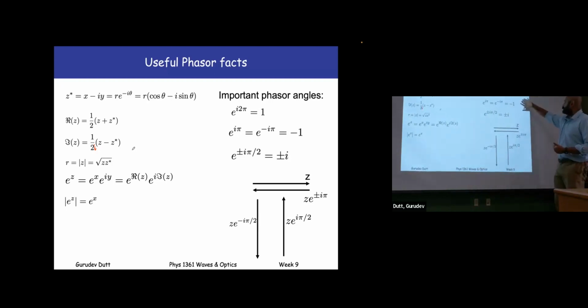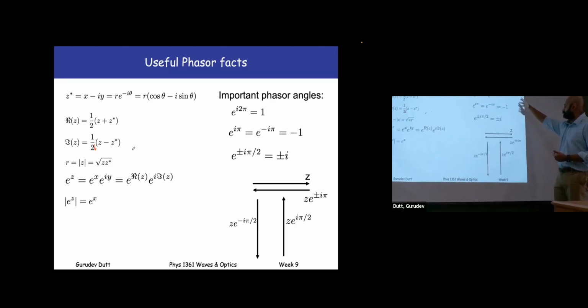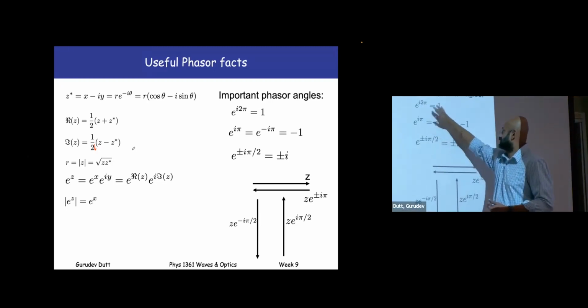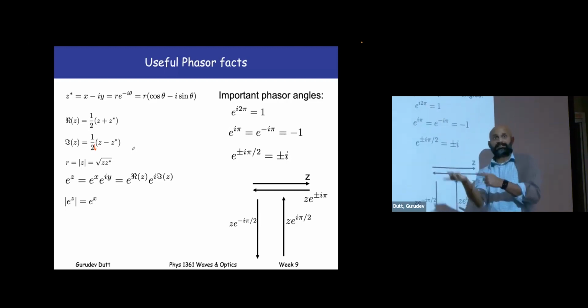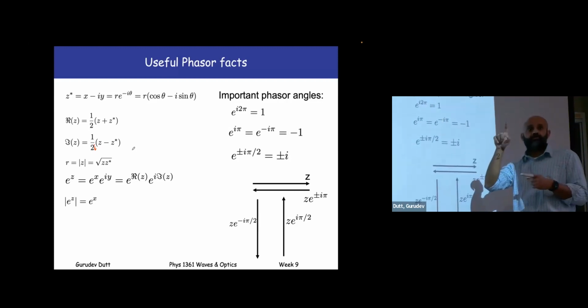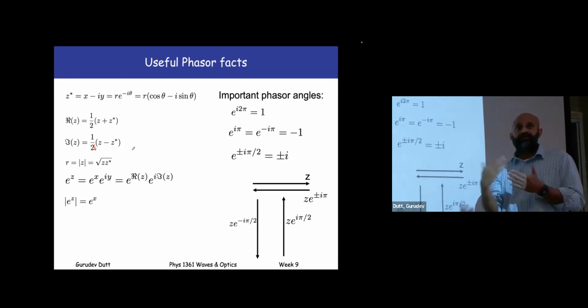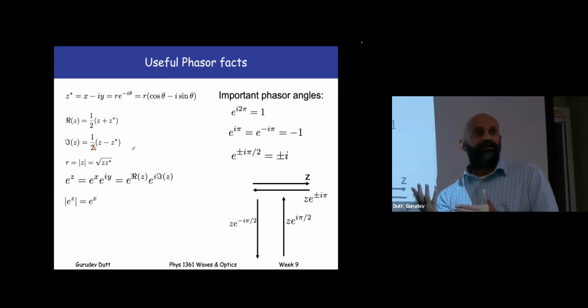But then probably the more important thing to note is that whenever I take a phasor z and multiply it by e to the i 2 pi, that's like making the phasor rotate by an angle 2 pi, right? Because if z is equal to r e to the i theta, then multiplying by e to the i 2 pi is like adding 2 pi to the angle, okay?